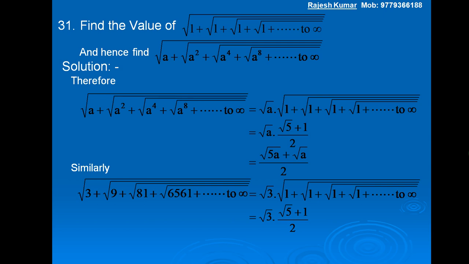Multiplying by root 3, this is equal to (root 5 into 3 plus root 3) upon 2, which is equal to (square root 15 plus square root 3) whole upon 2. So by this method we can find different types of expressions. So thank you very much.